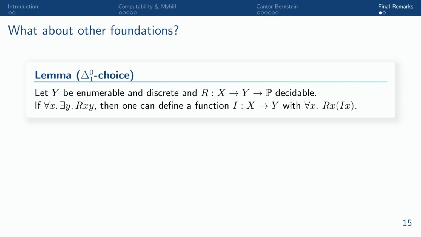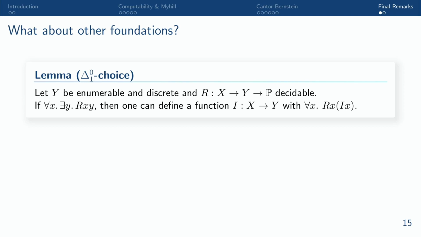Lastly, I want to quickly talk about what might happen in other foundations. Because, as I said, we work in Coq's type theory, but we're not relying on some specific properties of Coq, like impredicativity or large elimination principles. The only thing that we use, crucially, is what is called in constructive math the so-called Delta 0-1 choice.